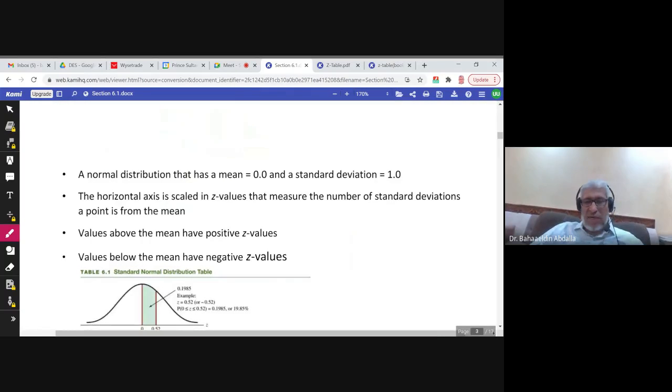Now, these are the characteristics of the standard normal distribution. The mean is 0. The standard deviation is 1. We call it Z. Z values are on the z-axis, not the x-axis. It measures the number of standard deviations a point is from the mean.